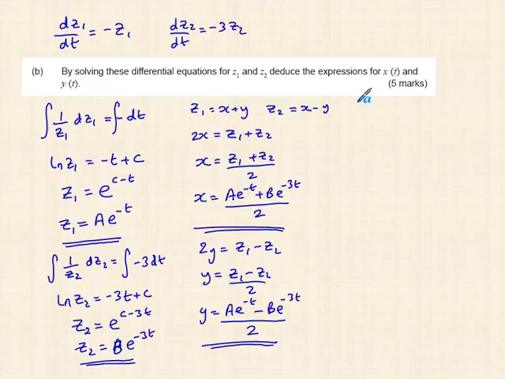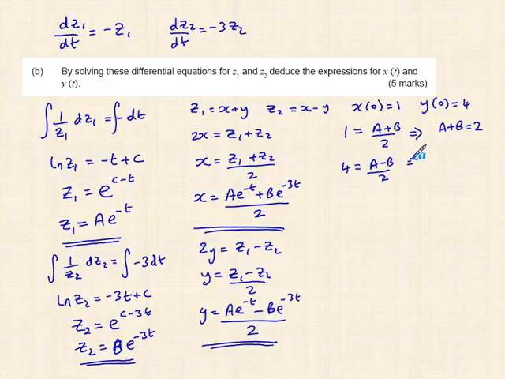Now, we're told that x of 0 is equal to 1 and y of 0 is equal to 4. So we have 1 would be (a plus b) over 2, which means that a plus b is equal to 2. And then we have 4 is (a minus b) over 2, which is a minus b is equal to 8.